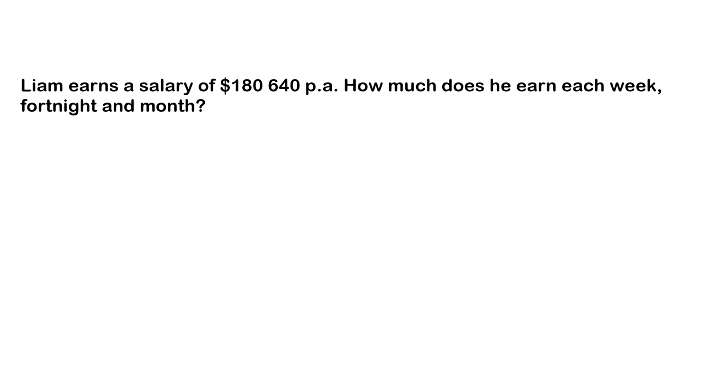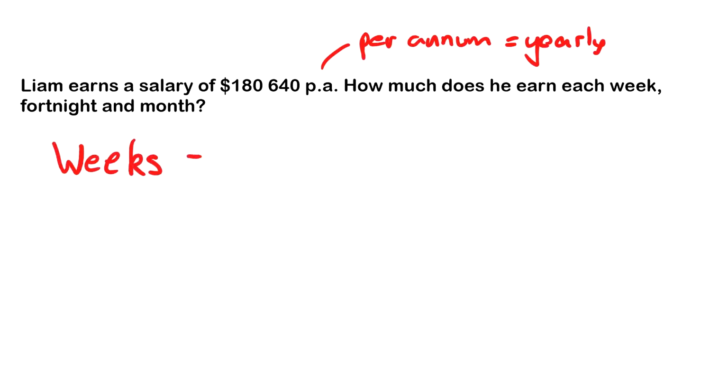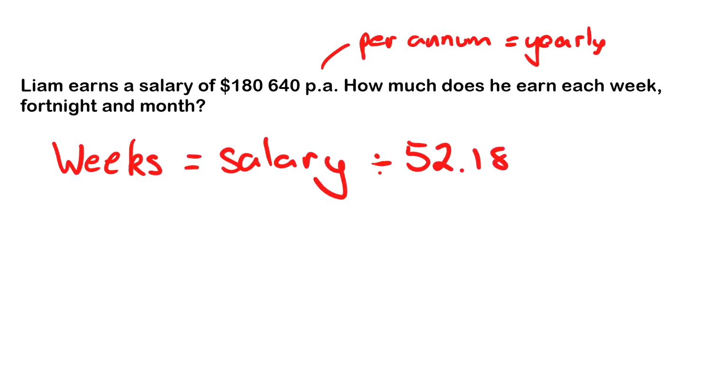So Liam earns a salary of $180,640 PA. Now that means per annum, and that just means yearly. So how much does he earn each week, each fortnight, and each month? If we're focusing on weeks, we need to go his salary divided by 52.18, because remember that's for salaries.